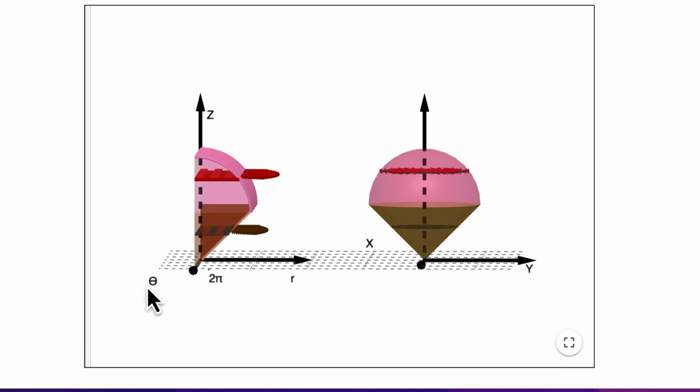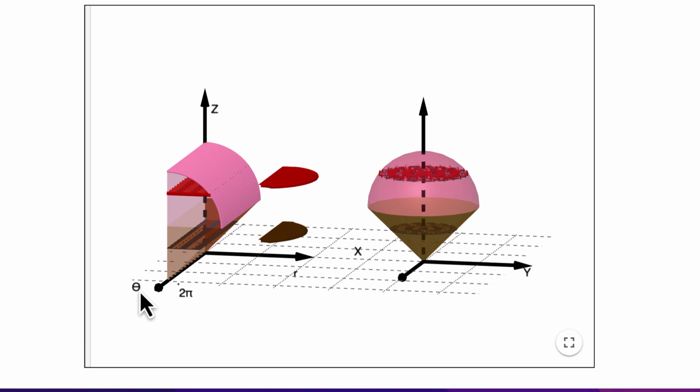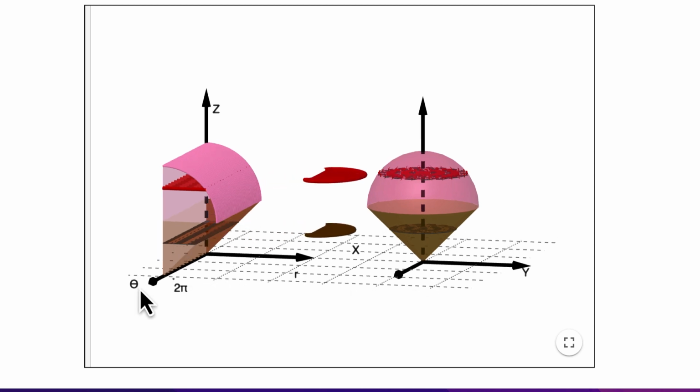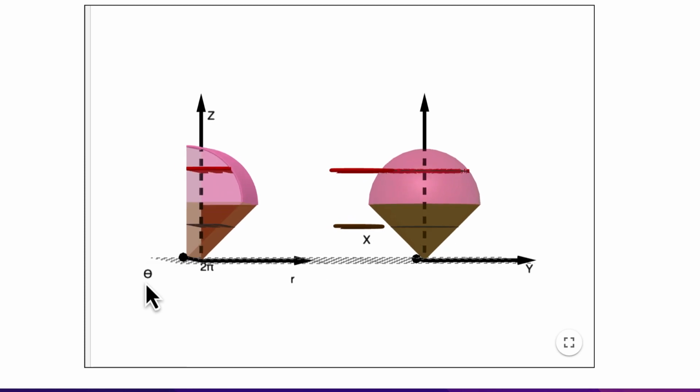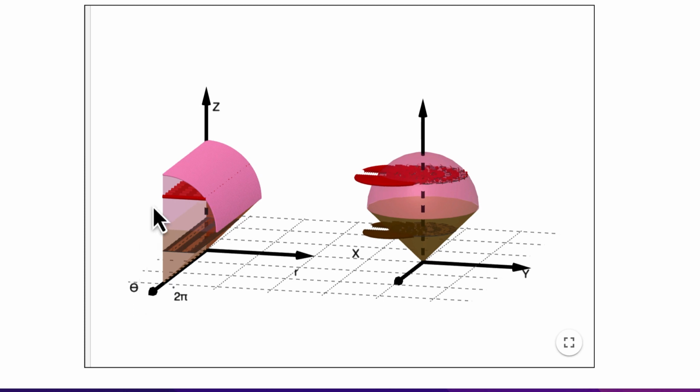In each region, those arrows correspond to a thin rectangular prism, because their height is infinitesimal, and they represent the volume of that thin rectangular prism.